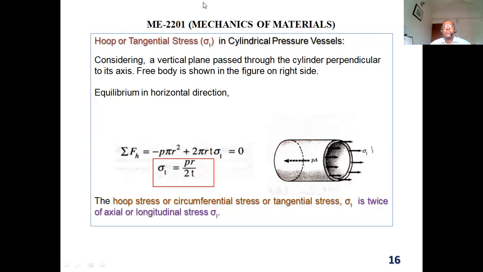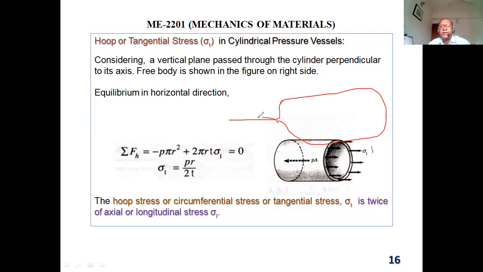Okay, now if you pressurize a pressure vessel, what will happen? Inside, the volume will increase. Also, the length will increase. For example, you buy a birthday balloon and you pressurize it by your mouth. Then what happens? The length also increases.